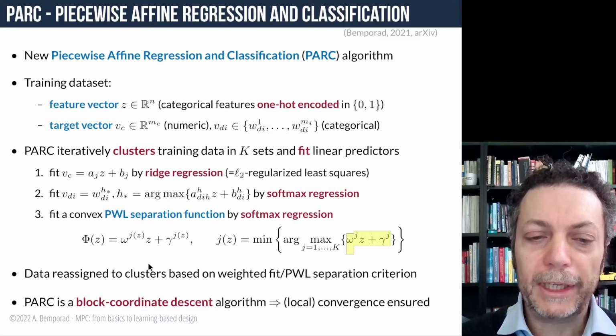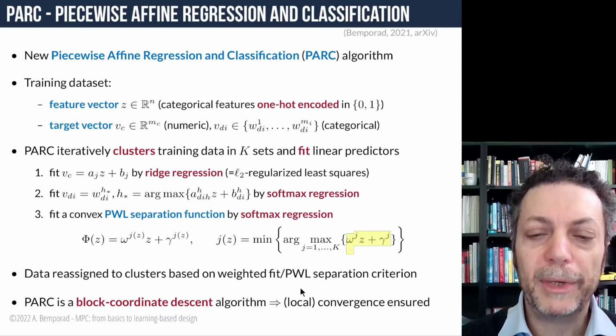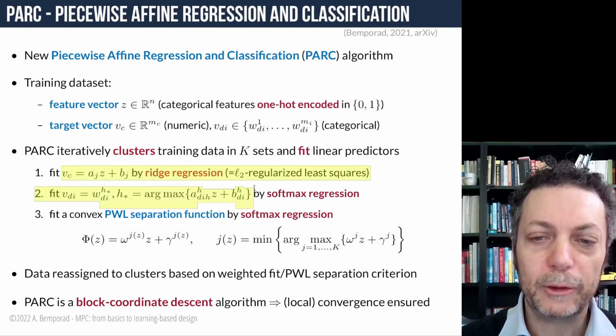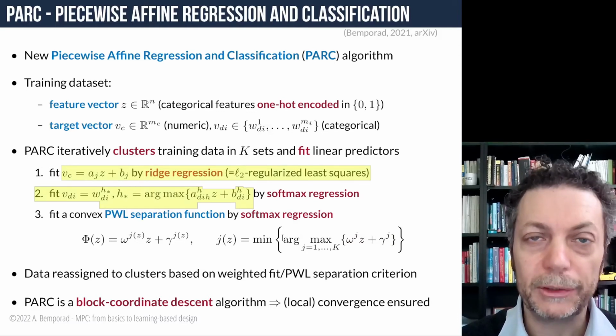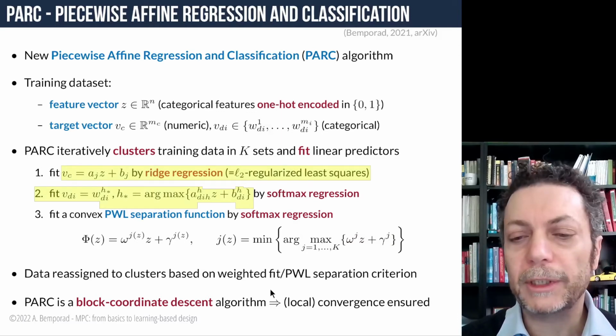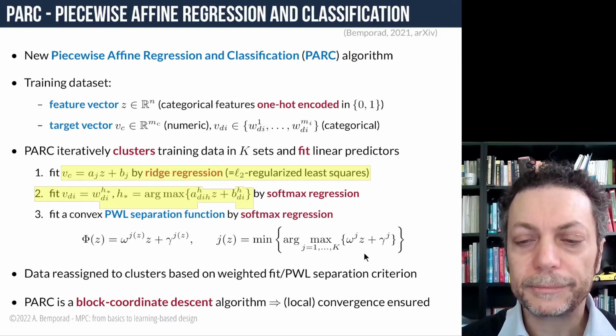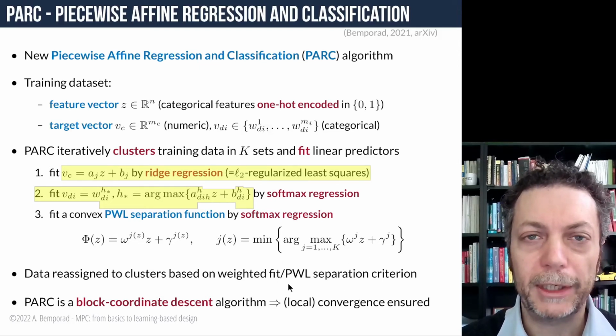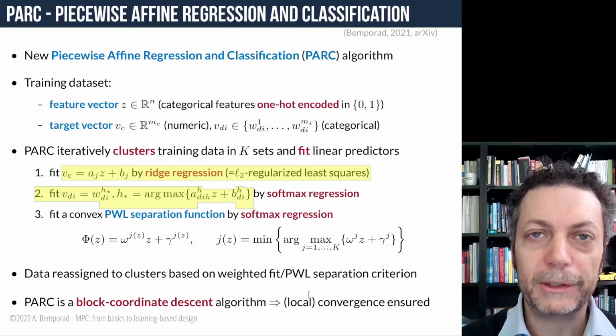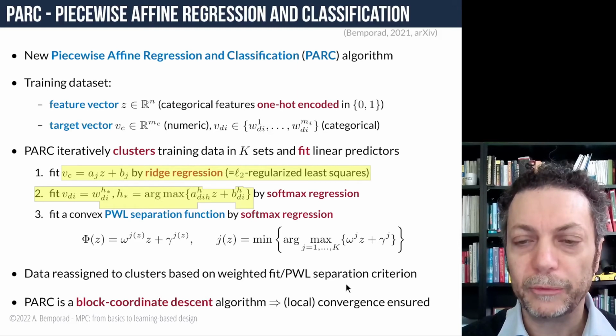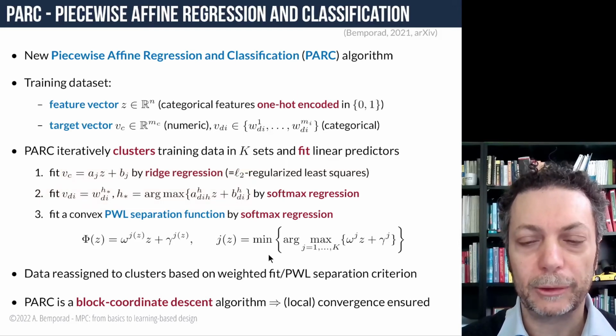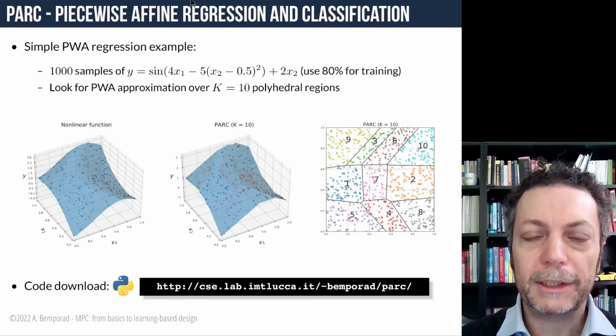And after you do this, then you can look at the data set and reassign the data to clusters based on a criterion that considers both quality of fit of the output functions as well as how much you are violating the partition induced by the piecewise linear separation. And you can show that you can converge to a solution, actually in a finite number of iterations, which may not be the global solution, but it's a local minimum for the regression and classification problem you have posed.